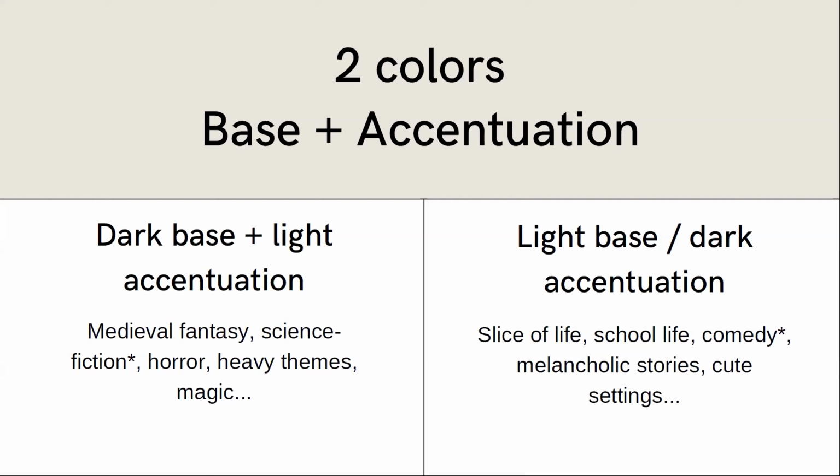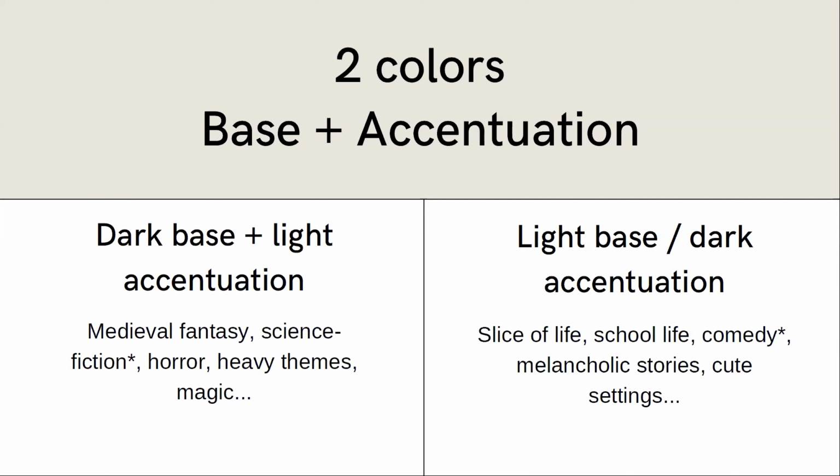If you have a medieval fantasy, science fiction, horror-themed or heavy themes, magic, this kind of stuff, usually it works with a dark base, like a dark shade of blue, for example, and light accentuation. And it's the contrary for slice of life, school life, comedy, melancholic stories, cute settings and such.